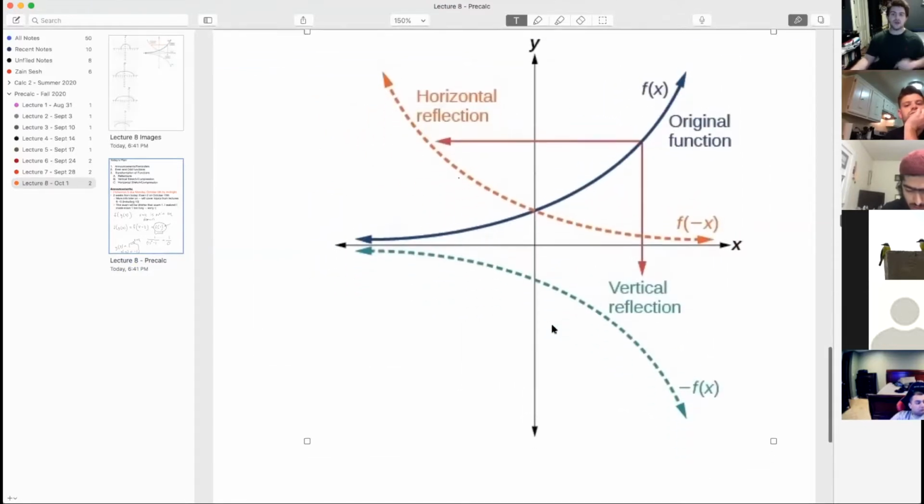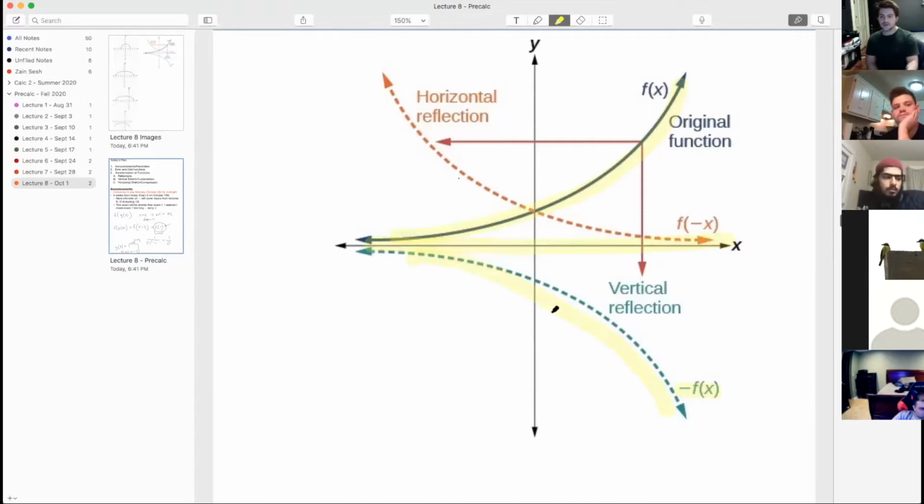Let's say we have our original function here in blue. f(x) is just this blue guy. If I do minus f(x), as I wrote earlier, you just reflect it over the x-axis. This was reflected over the x-axis to get that. That's minus f(x).